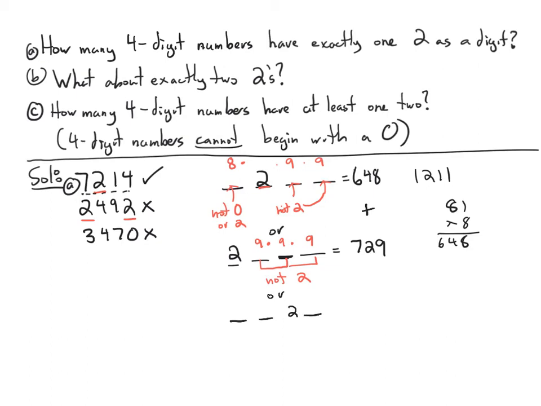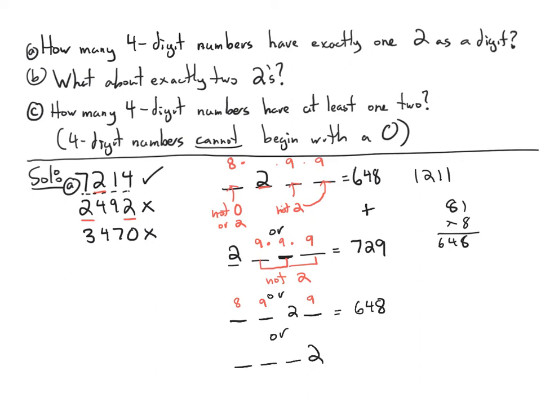So this is 8 choices for the first digit. It's not a 0 or 2. 9 choices for the second digit, not a 2, and 9 choices for the last digit. Again, I can't pick 2. So this is 9 times 9 times 8, which is, of course, 648. Or the number can look like this, with a 2 as your last digit.